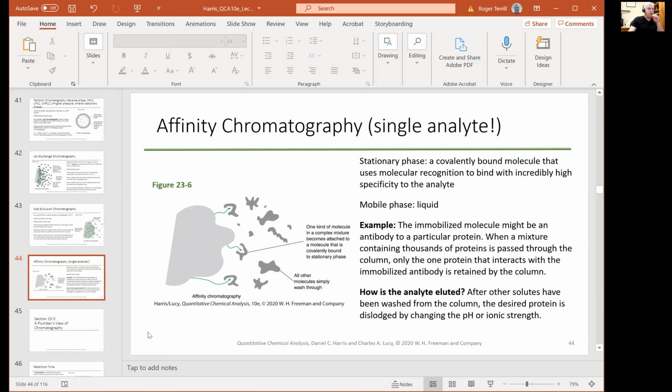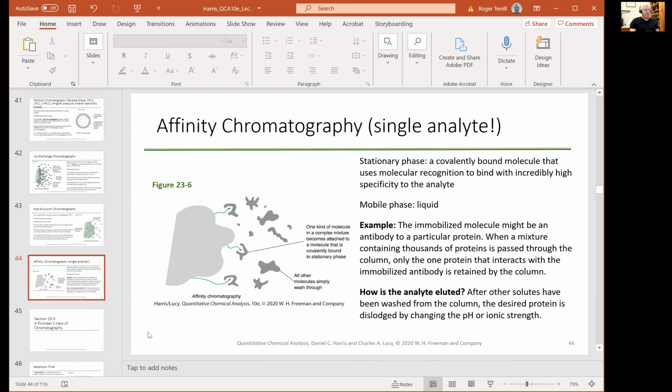And it's a chromatography to which we owe everything to rabbits. This should be called rabbit chromatography, because rabbits gave their all for affinity chromatography. Every time someone comes up with a new kind of affinity chromatography, they have to do horrible things to more rabbits.